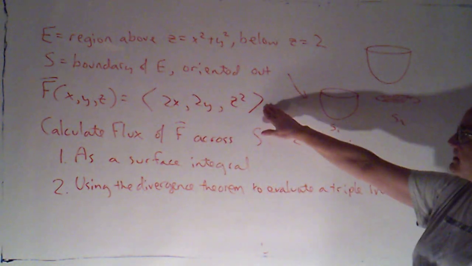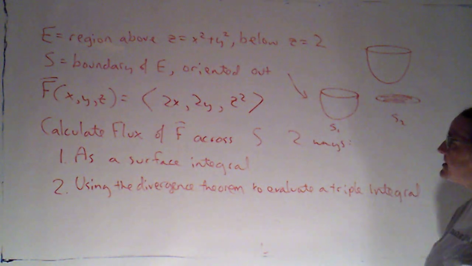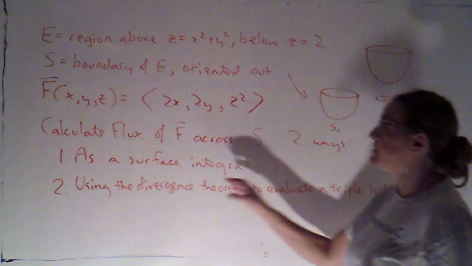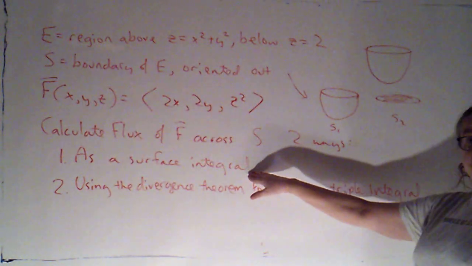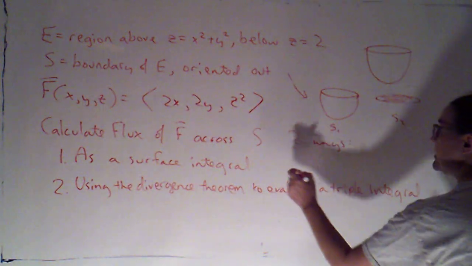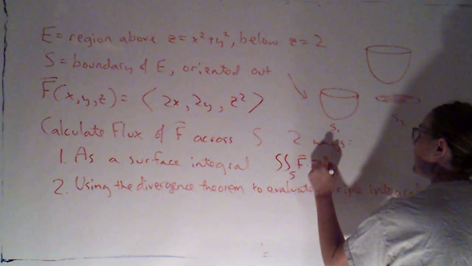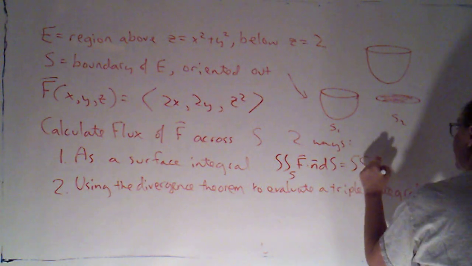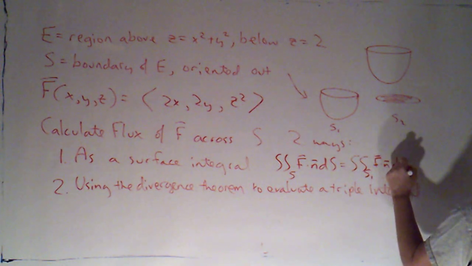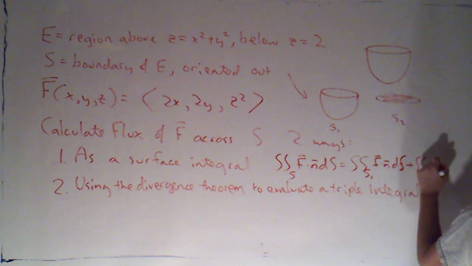All right, then I have this lovely vector field, and we're asked to calculate the flux of F across S, which is the boundary, two ways. One as a surface integral, and I'll just remind you that the surface integral along S of F dotted with n dS will simply be the sum of the two surface integrals, F dotted with n dS across S1 plus along S2.